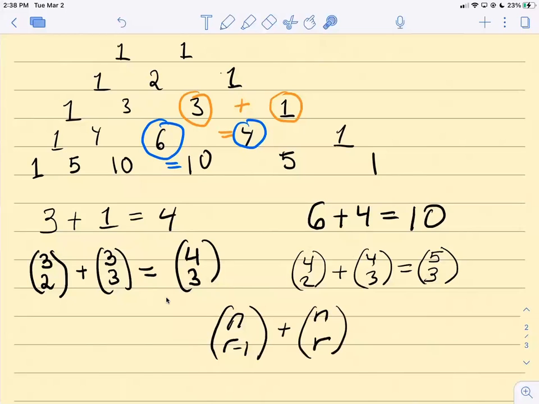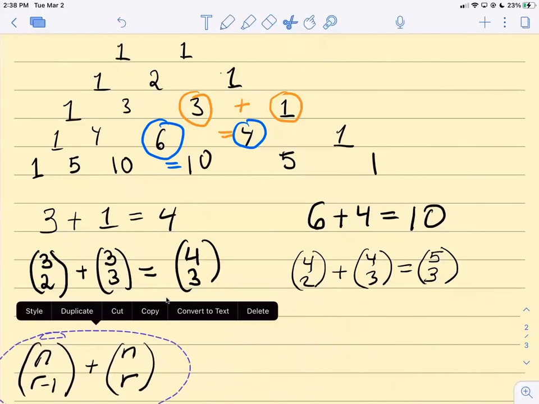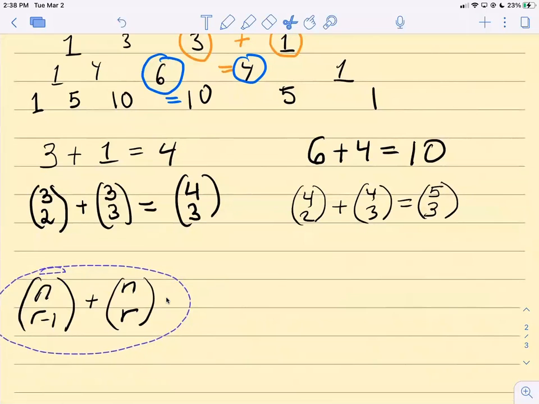I'm going to move it down a little bit. This is a little bit abstract, but based on the pattern that we just did, all this is saying is, if you notice, what we're always adding is two numbers in the same row. That's why these numbers are the same. The 3 and the 3 are the same. The 4 and the 4 are the same. And the n are the same.